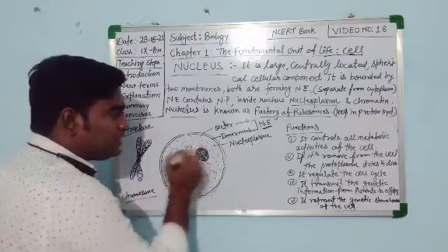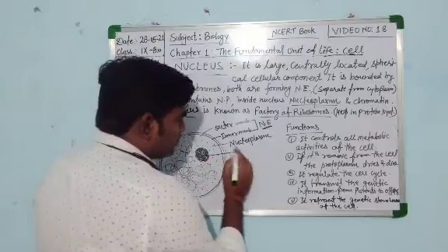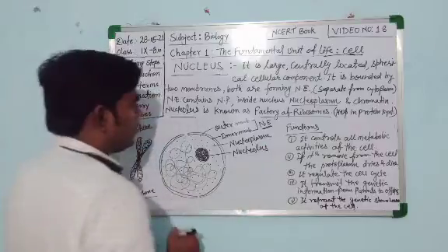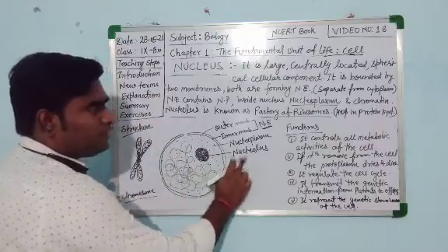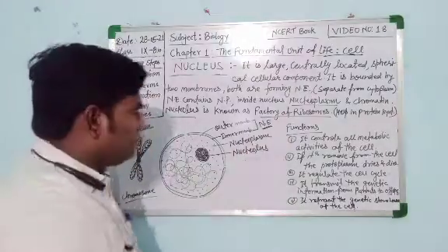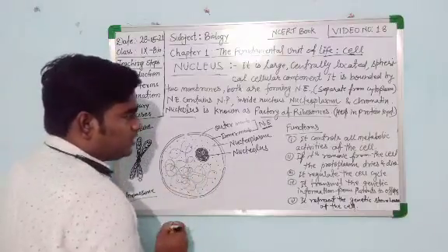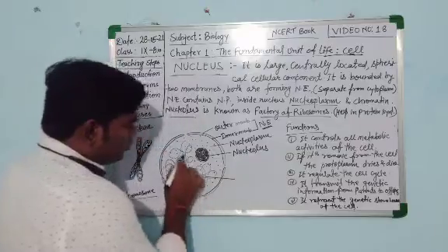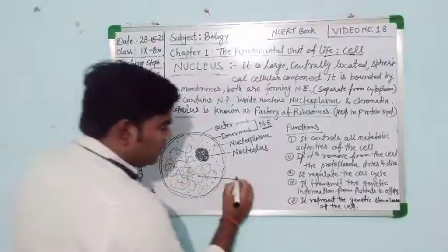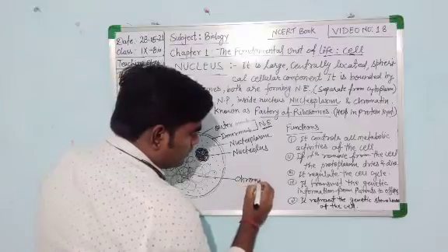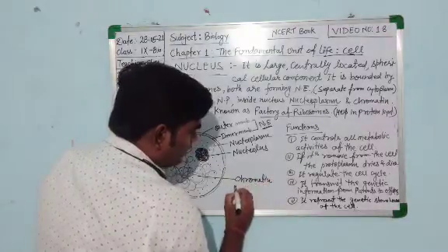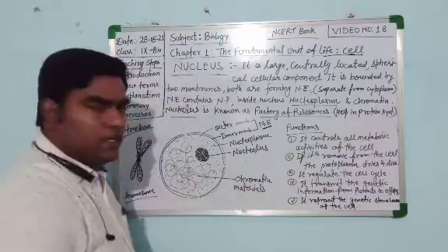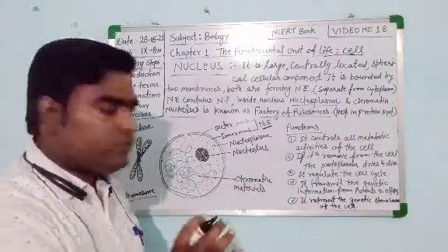Inside the nucleoplasm, this structure is known as nucleolus. Okay, nucleolus. Nucleolus is the factory of ribosome. Then inside the nucleus, chromatin material is located. This is the chromatin material. Thread-like structure, chromatin material, which contains the genetic information or DNA of the cell.